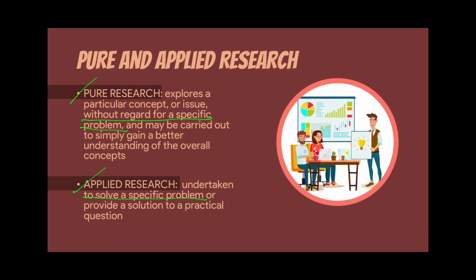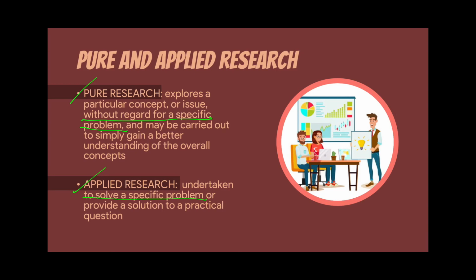So the pure research question would be, for example, does the gender of the athlete correlate with, let's say, the aspirations for a profession in sports? That is the question, but there's no real practical application to that.